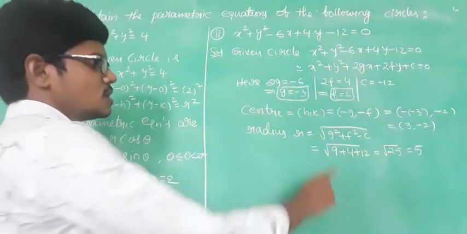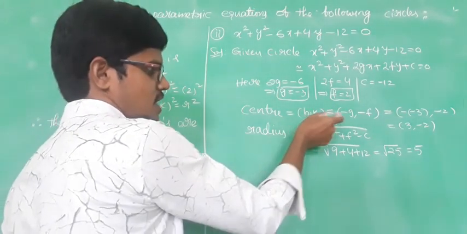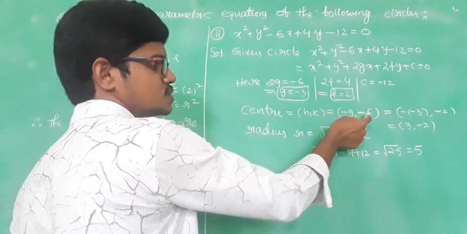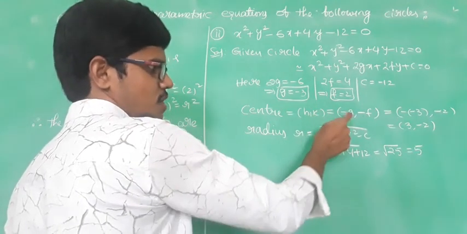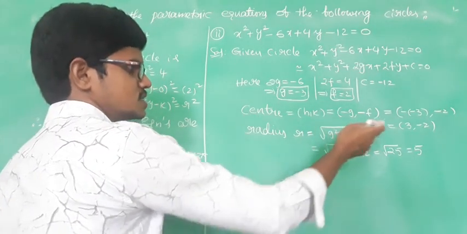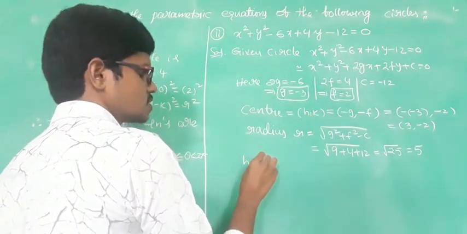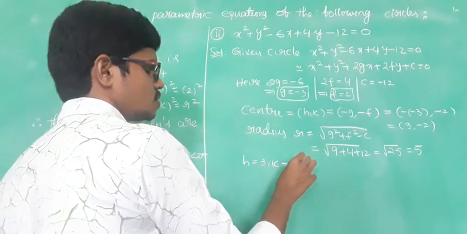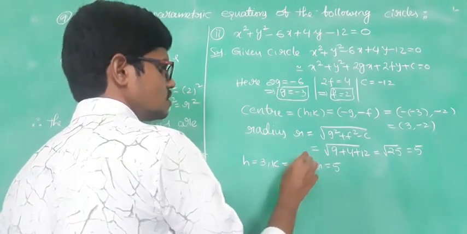Listen students, h is −g and k is −f in this form. Remember that. So we know that h = 3, k = −2 and r = 5.